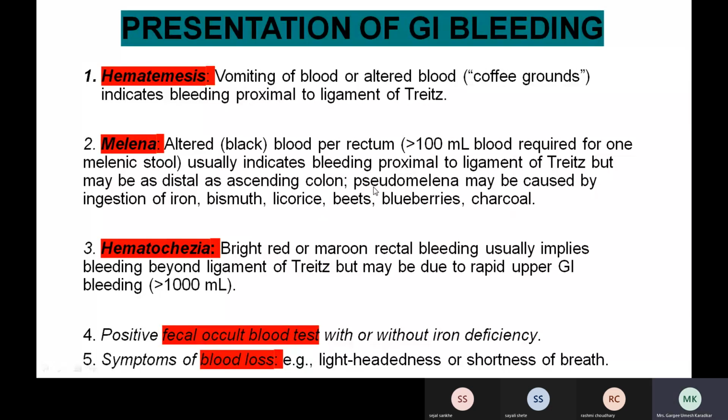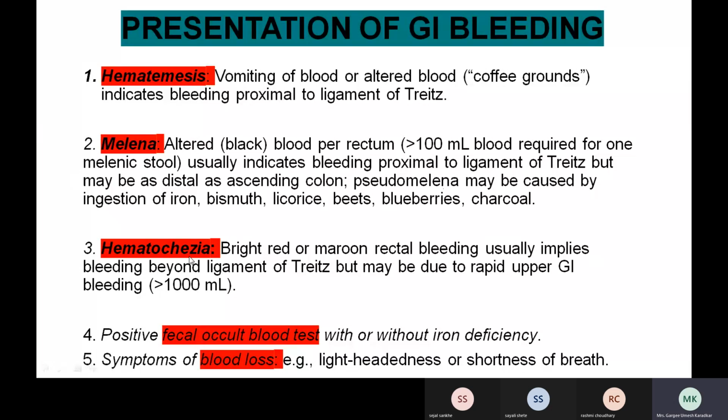That is called pseudomelena. But when you really have blood in the stools, it will be called proper melena, with more than 100 ml of blood. Otherwise, it may be just a small amount of blood, and you will not call that stool melena.